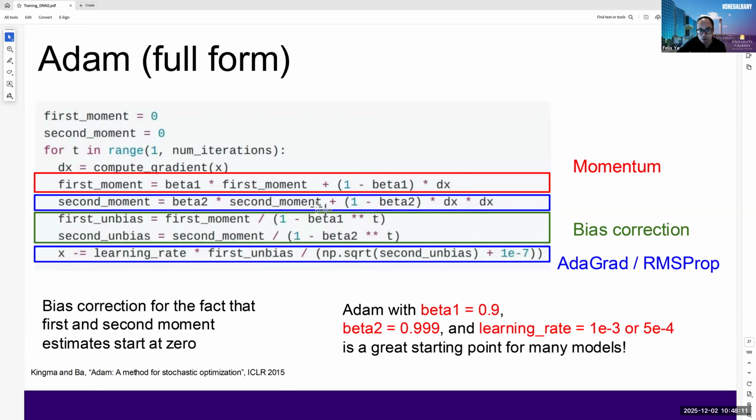That's the component you need to divide by, to eventually reduce the bias. Okay, so in Adam, beta 1 is 0.9, beta 2 is 0.999, and you choose a very small learning rate. That is a very good starting point for many models, right?